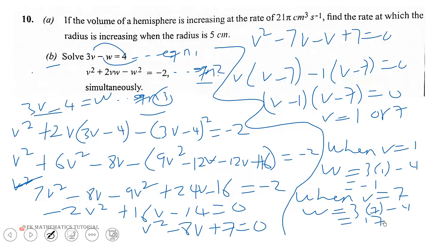So we found the values of v and w. So the solutions are v equal 1 or 7, then w equal -1 or 17.